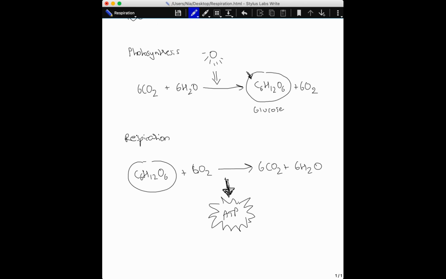So if we think back to chemistry, we can call respiration an exothermic reaction, because it's a reaction that releases energy to the surroundings. In contrast, photosynthesis is known as an endothermic reaction, because it takes in energy from its surroundings.